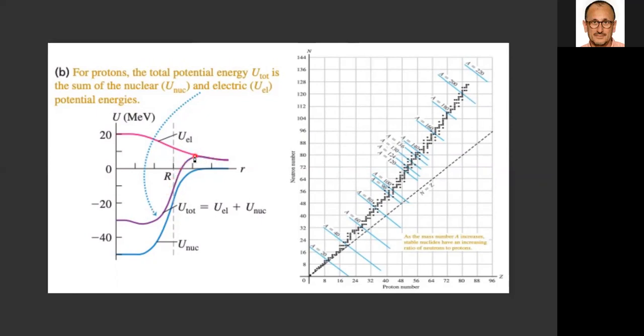You can see that around here there's no nuclear interaction. What we are seeing here is simply the electrostatic potential barrier. This is the potential between two charged particles.